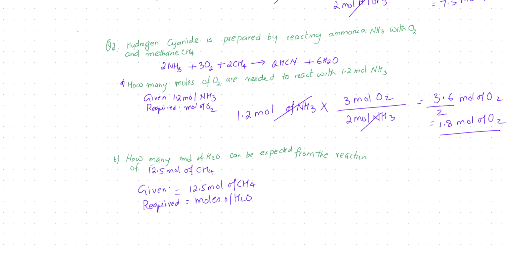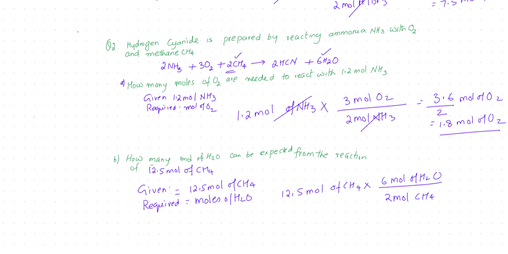So first we write the given amount: 12.5 moles of methane times the mole ratio of methane and water. Methane is here, so down we write methane. So 2 moles of methane makes 6 moles of water. This is the mole ratio. From the equation we know the mole ratio.